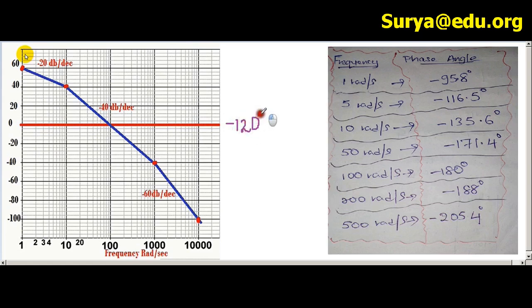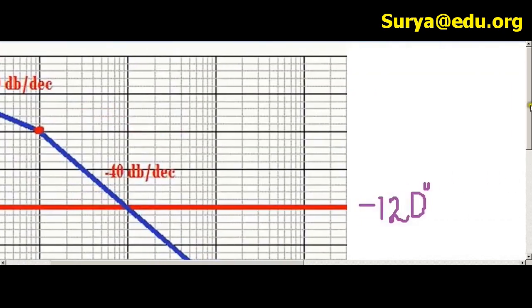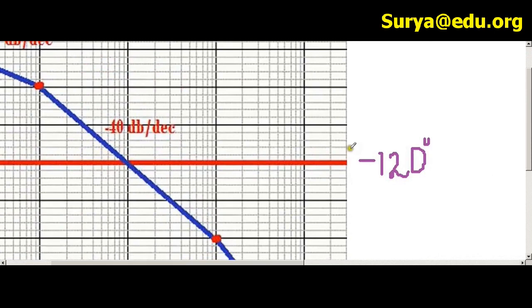Okay, so this reference line I'm going to define as minus 120 degrees. So now here you can see, if you consider especially this line, you can see these segments, right?